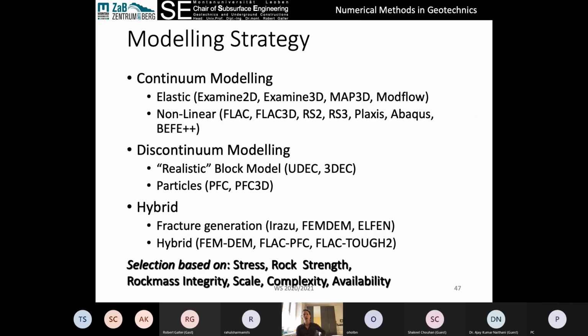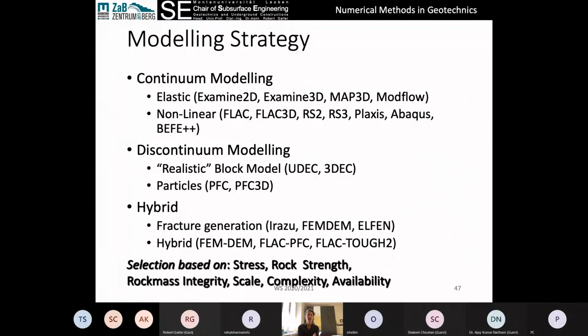And then there are other types of hybrid models that allow combinations of finite element and discrete elements, or finite element, finite difference, and heat or water models that are joined together. Those tend to be more in the academic sphere.